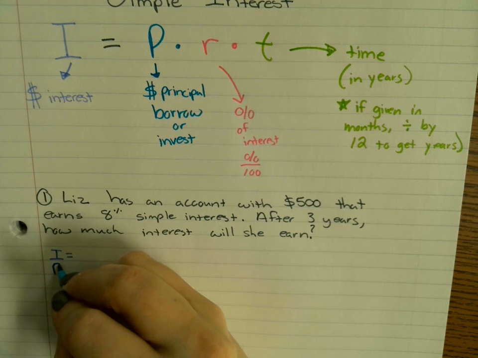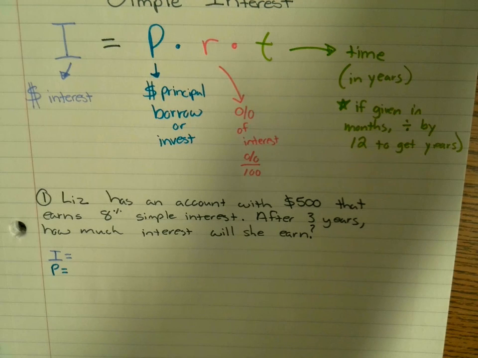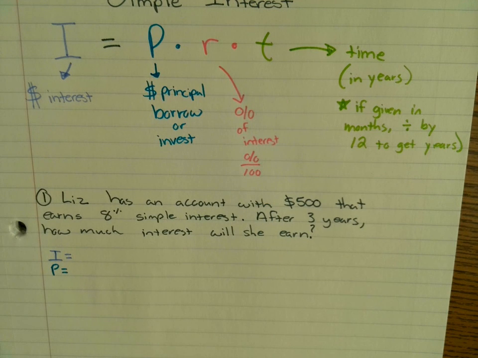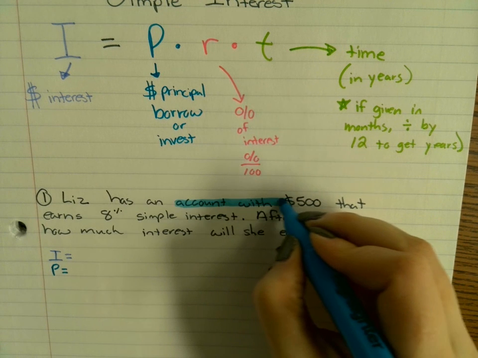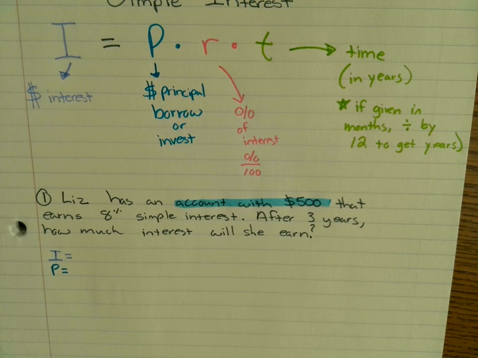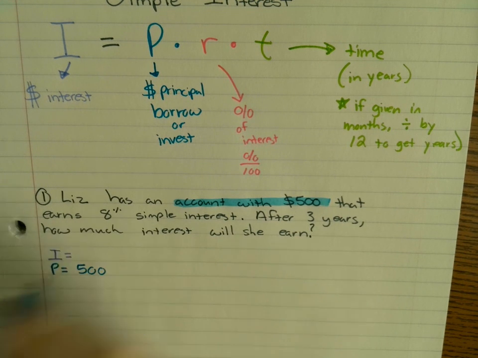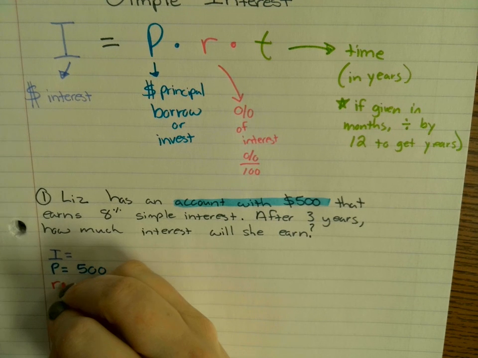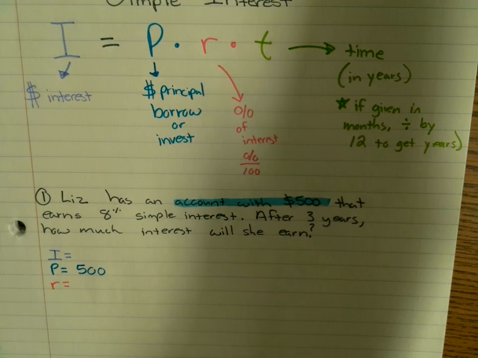P, the principal, is how much money she has in her account, or how much money she borrowed. In this case, she's investing money, so the principal is the $500. For P, I'm going to put 500. R, remember, is your percentage over 100.